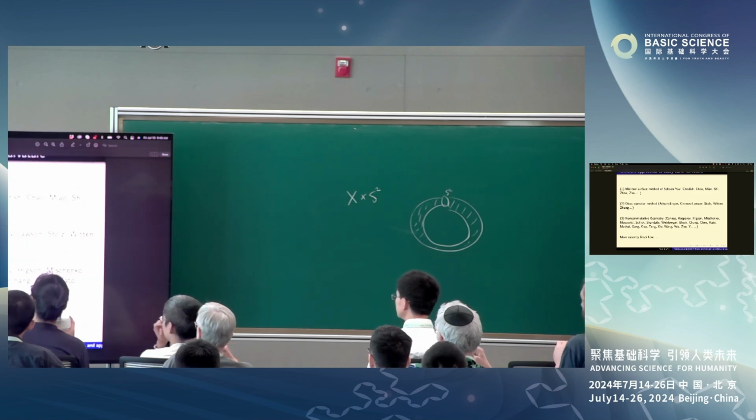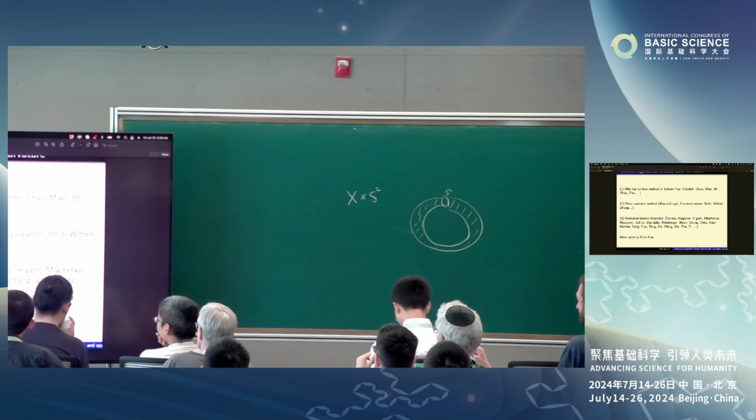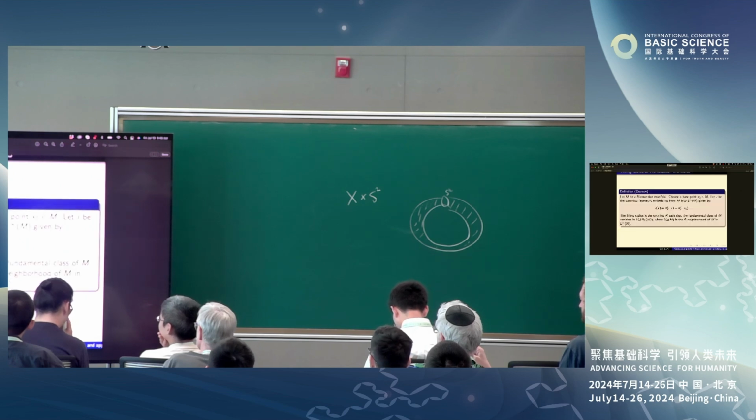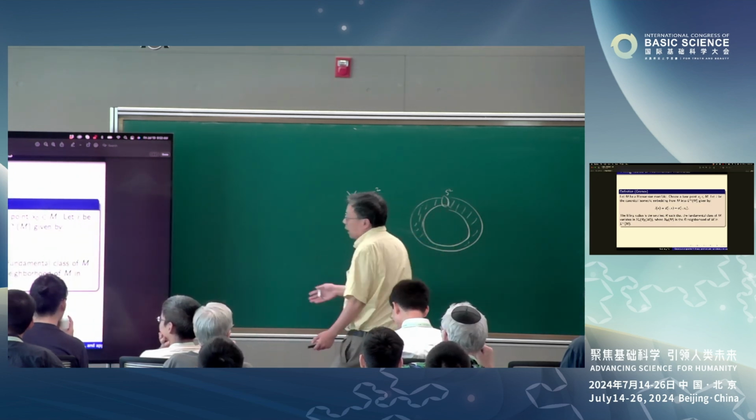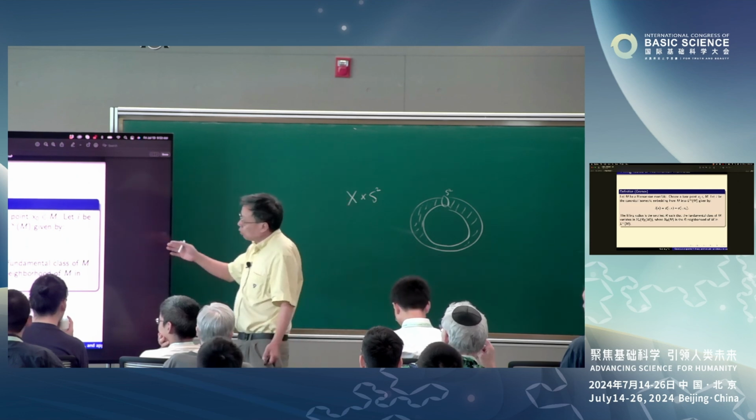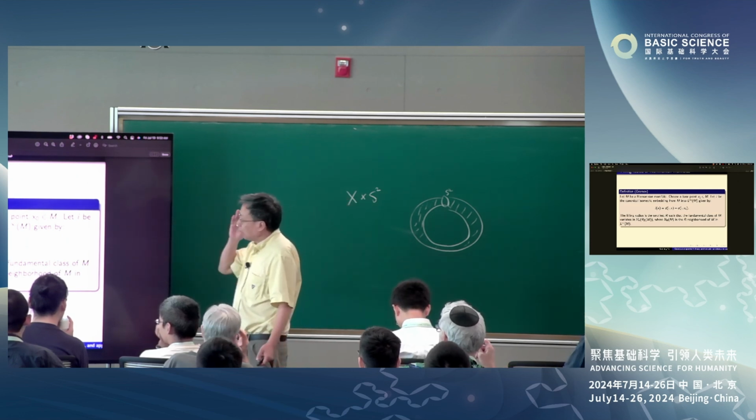I have this page about possible different approaches to scalar curvature, but that's just some history. Intuitively, you embed the space into a big space, and here is such an embedding. This is actually a universal embedding.